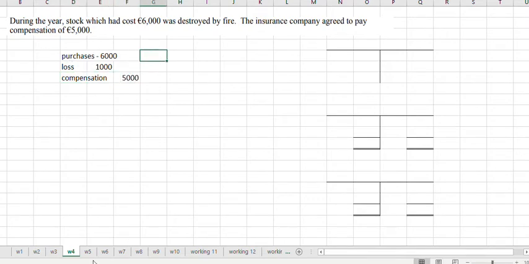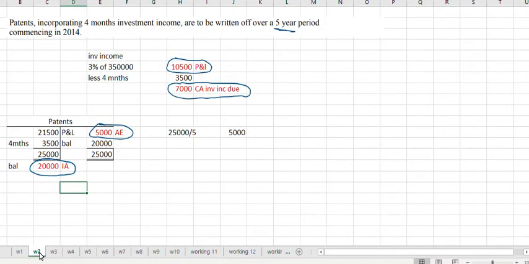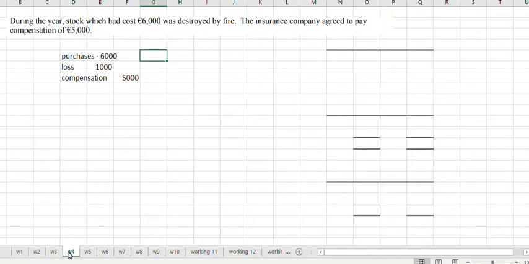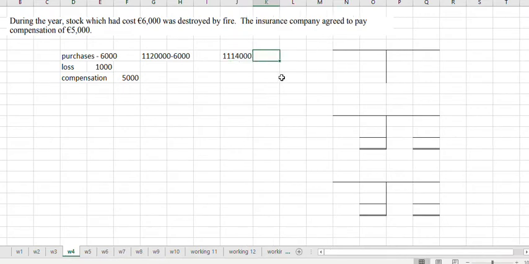Okay, so the purchases, I'm going to just look back a couple of notes. We haven't adjusted purchases yet. So the purchases figure comes straight from the trial balance, which is 112,000, minus 6,000, which gives us 111,400. That figure there is your trading figure for purchases.